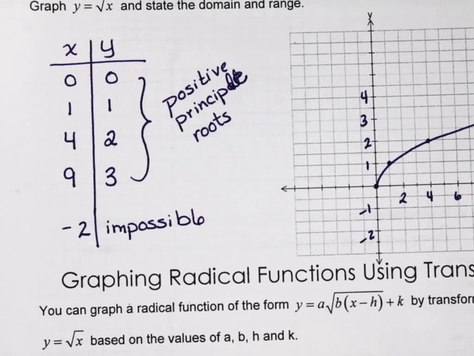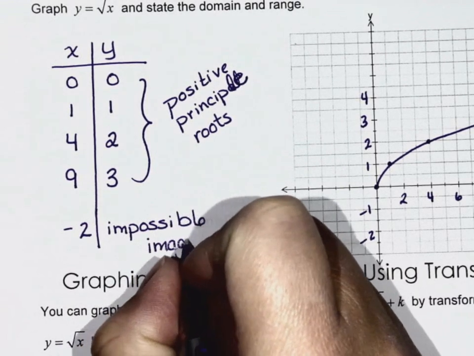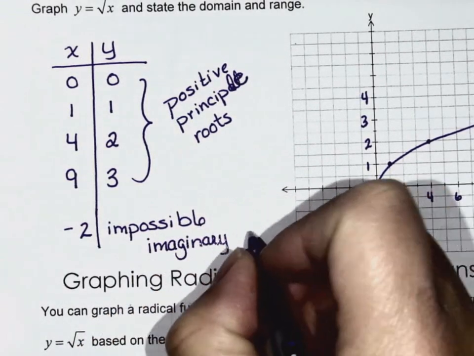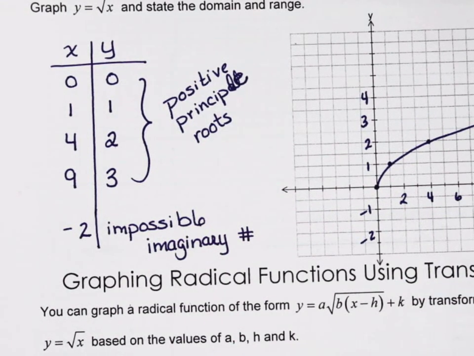Because we can't take the square root of a negative number. We'd get, not an impossible, we get an imaginary number. So there's nothing we could graph, so we can't use negative x values.